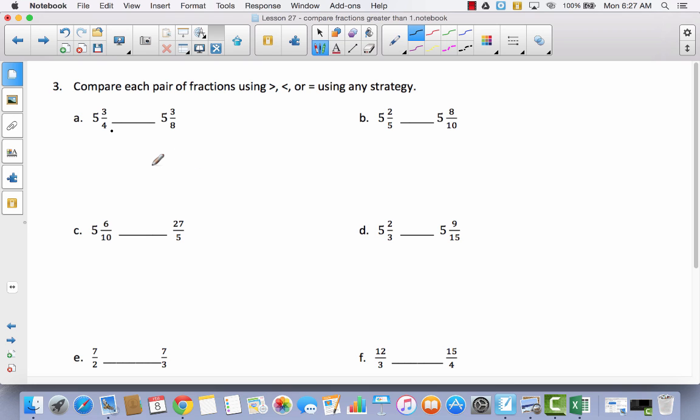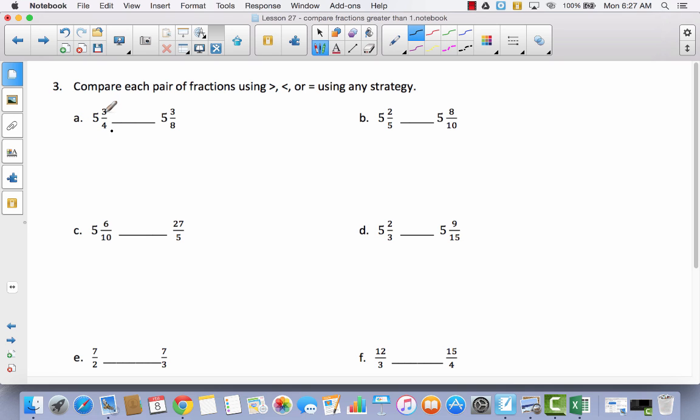So now if you take a look at this, my whole numbers are the same. And you're also going to notice that my numerators are the same. So let's think about this for a minute. If I've got 3/4 and I've got 3/8, well, if I divide something into 8 parts, my parts are going to get smaller than if I divide them into 4 parts.